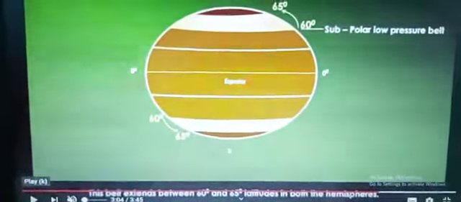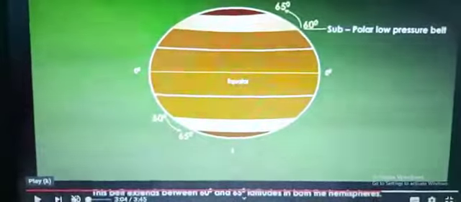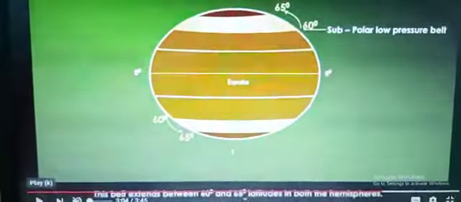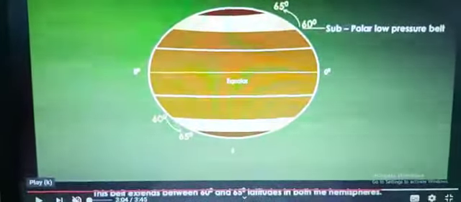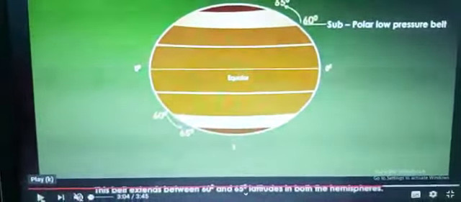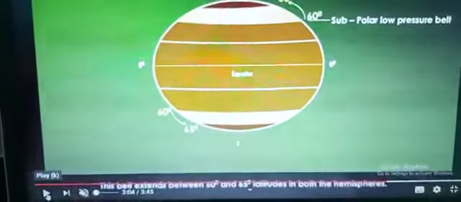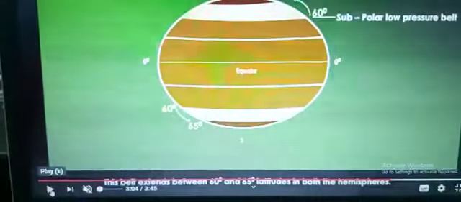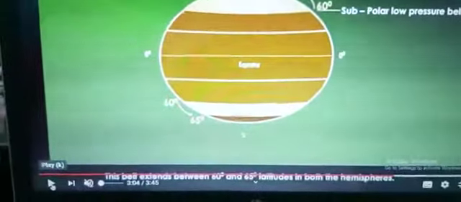These belts are located at 60 to 70 degrees in each hemisphere, that is, in the northern hemisphere as well as the southern hemisphere. So children, 60 to 70 degrees north and 60 to 70 degrees south is known as the circumpolar low pressure belt or polar low pressure belt.